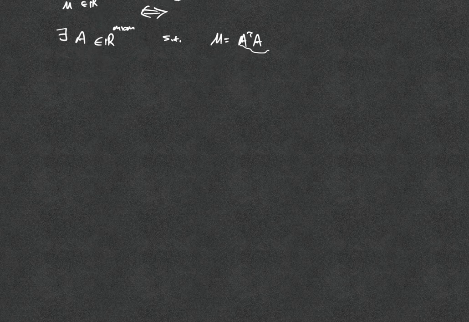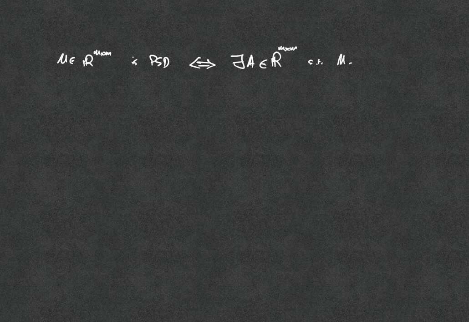Let me actually write this a little bit better. The symmetric matrix M, a member of R^(m×m), is positive semi-definite if and only if there exists a matrix A such that M can be decomposed into A transpose multiplied by A.